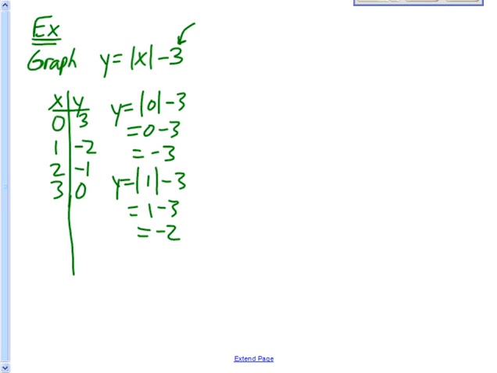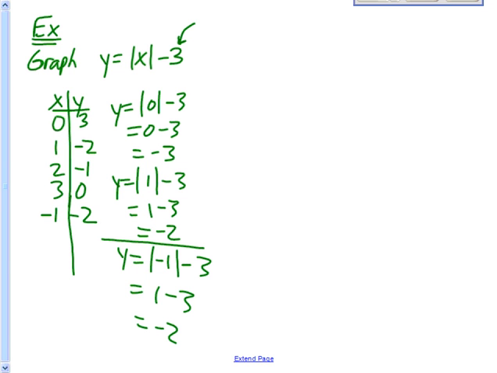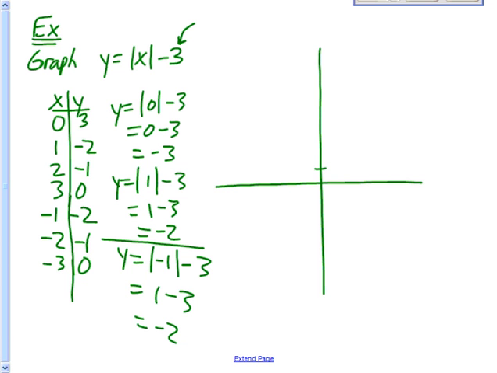Okay, let's go to the left now. Absolute value of -1 is 1. 1 minus 3, -2, right? Plug in -2, absolute value of -2 is 2. 2 minus 3, -1. Absolute value of -3 is 3. 3 minus 3, 0. Let's take a look at it first. Whoops, I said 0, comma 3.